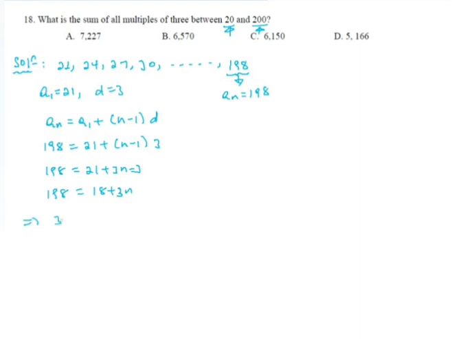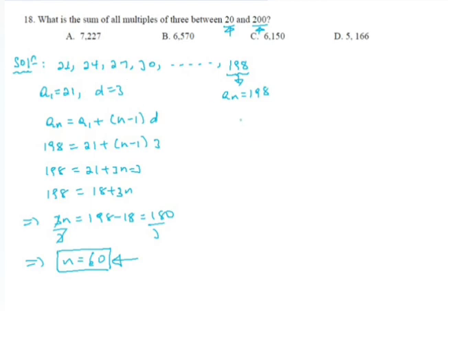So 3n becomes 198 minus 18, which is 180. So over 3, the value of n becomes 60. So this 60 tells us there are 60 numbers which are a multiple of 3 between 20 and 200.